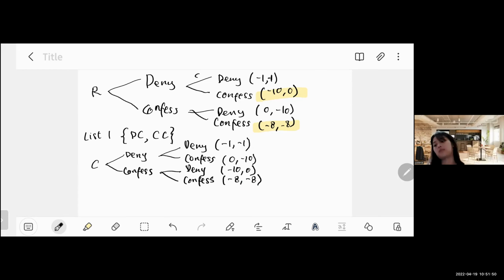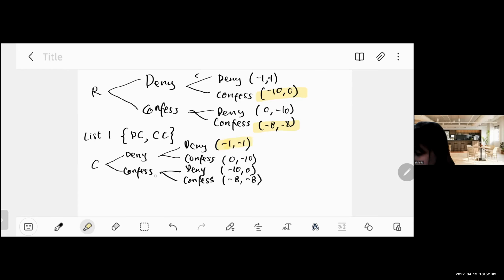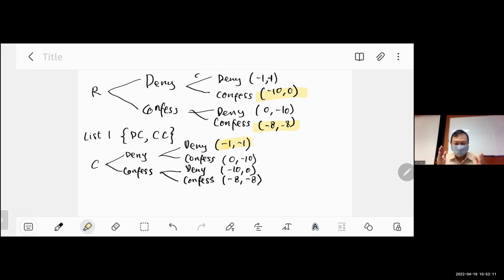Now, if column plays deny, what will row do? Or if confess, you need to see the first number in this case, right? Because column already played deny.